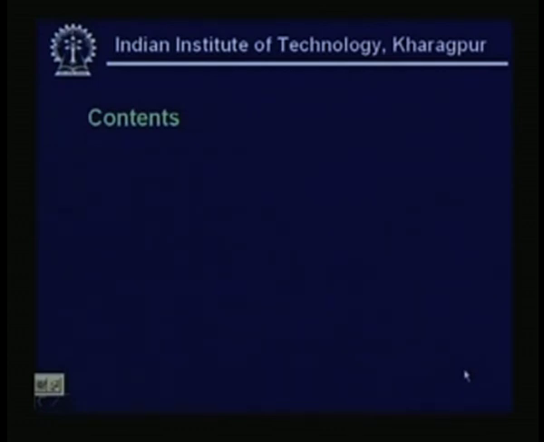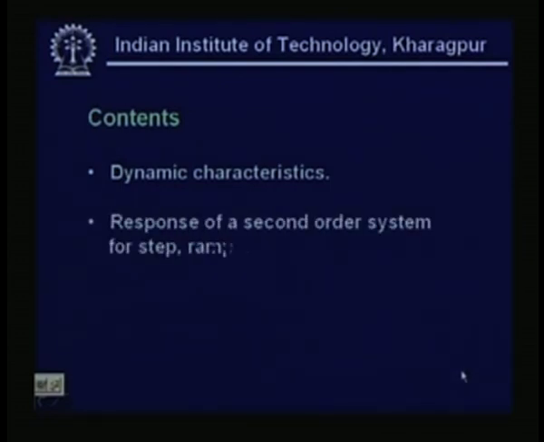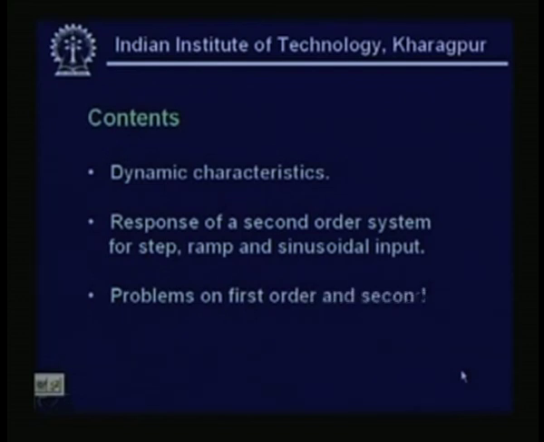The contents of this lesson are the dynamic characteristics, the response of a second order system for step, ramp and sinusoidal input, where we did it for first order instruments, we will do for the second order instrument. Also we will solve some problems on first order and second order instruments.